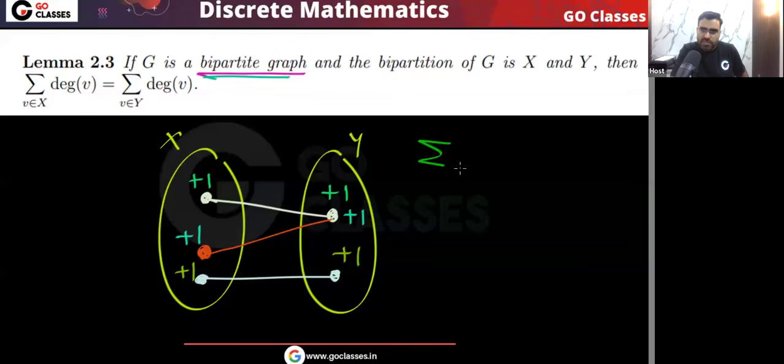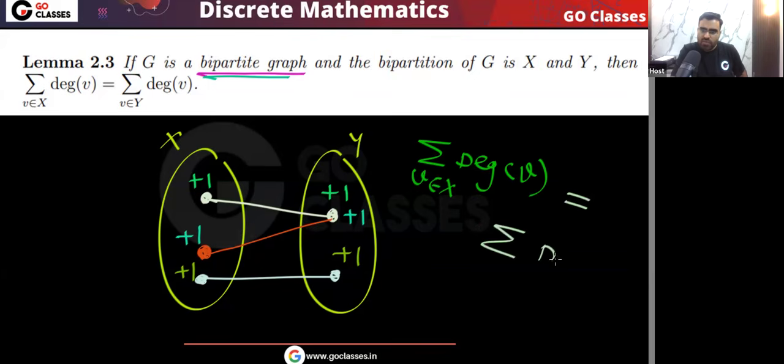So I can say that the summation of degree of vertices in part X will always be equal to the summation of degree of vertices in part Y. Okay, is this clear? Very simple. So this is very easy to prove.